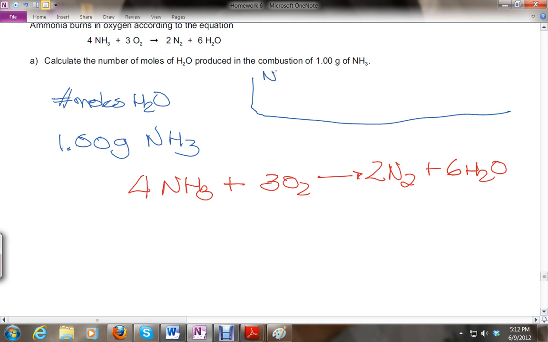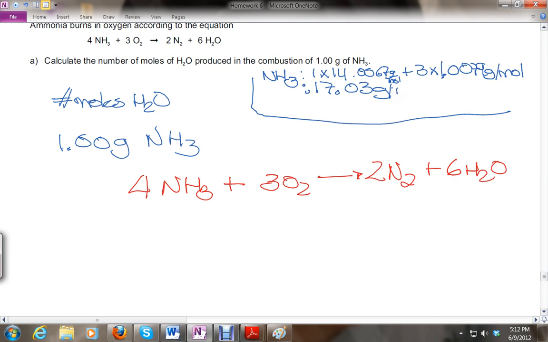So let's find first ammonia. I did it here on my calculation. Ammonia is 1 times 14.0067 grams per mole, that's the nitrogen, plus 3 times the hydrogen, which is 1.0079 grams per mole. So ammonia is going to give you 17.03 grams per mole.